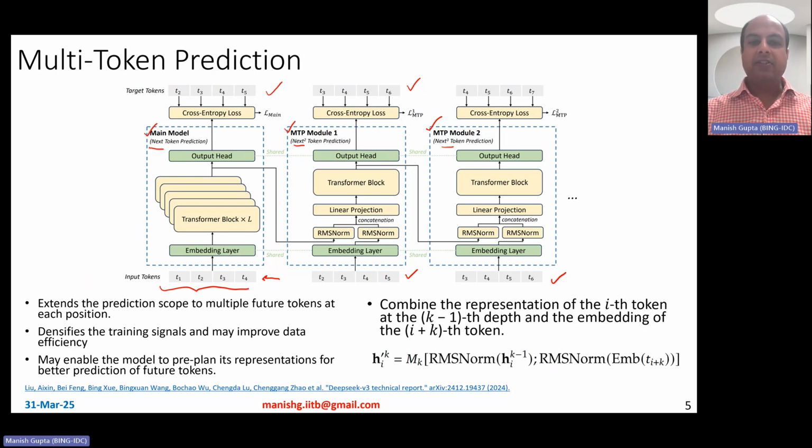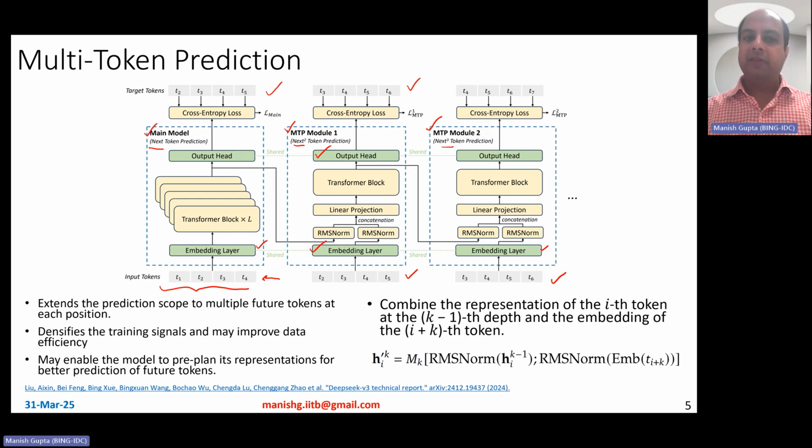Now, as you can see, each of these MTP modules has a different architecture compared to the main model. Each of these MTP modules has an embedding layer and an output head, which is very much shared with the main model. So this embedding layer is shared across all the MTP modules and the main model.